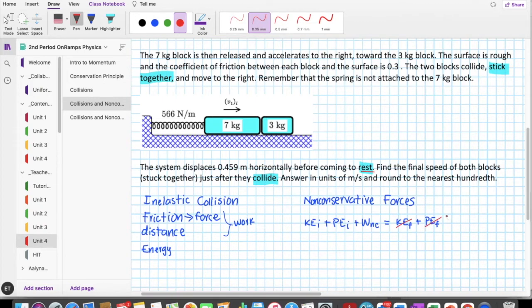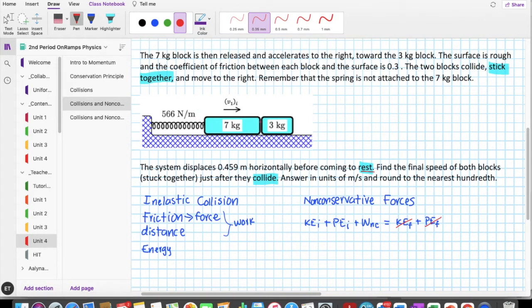either. And then some of you might be thinking, well, maybe we have potential energy, right? Because we have potential energy from the spring. And although we do have potential energy from the spring, that is something, in this case, we're not concerned about: how is it that the block, the 7 kilogram block, was moving, what made it move, right? We know that it was because of the spring, but we're not concerned about that.